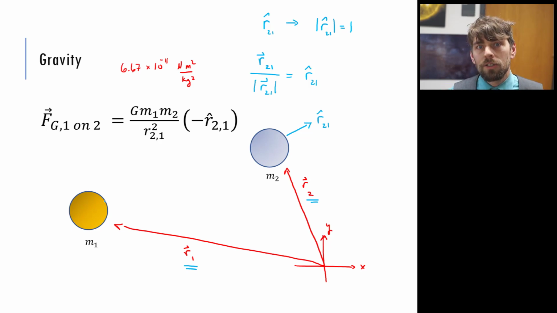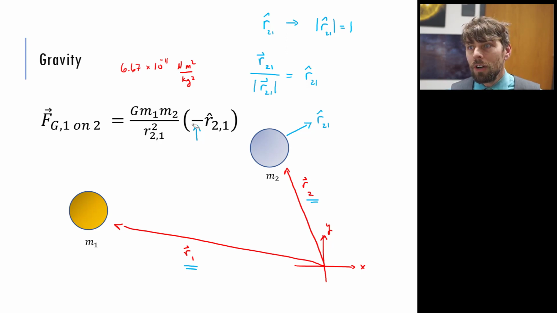The last thing that I should point out is what is the purpose of that negative sign? When I have a vector and I multiply by a negative sign, what does that do? Yeah, very good. It flips the direction of the vector.